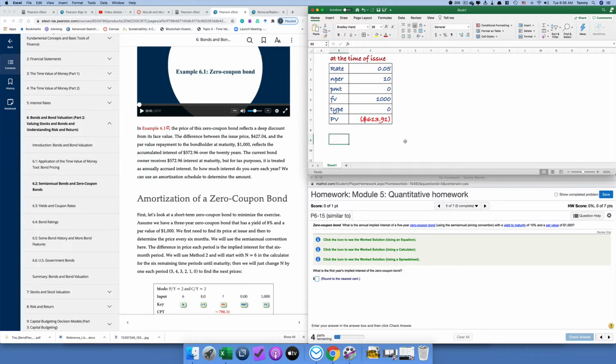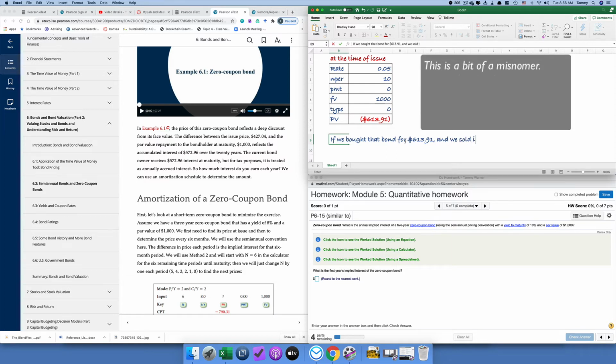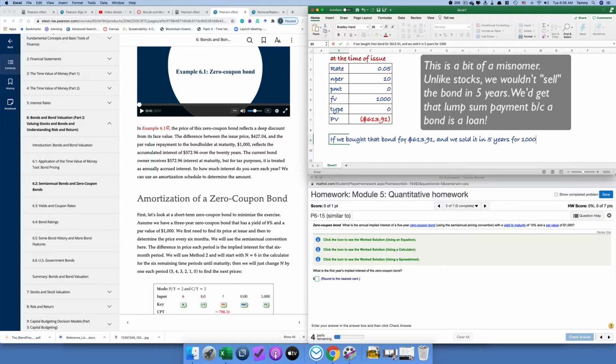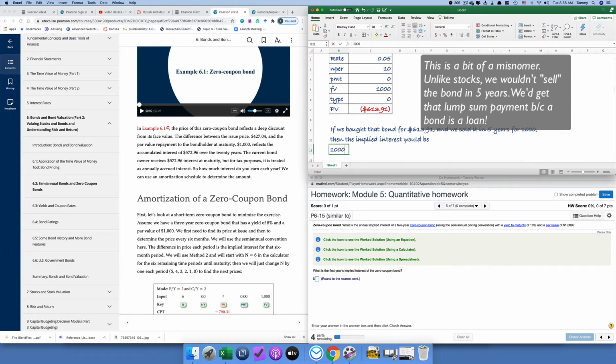If we bought that thing for $613 and we sold it in 5 years for 1,000, then the implied interest would be 1,000.